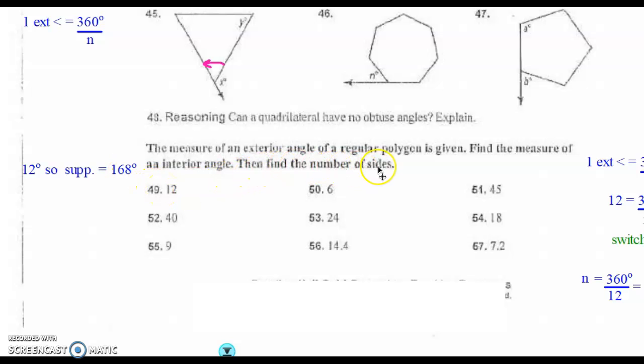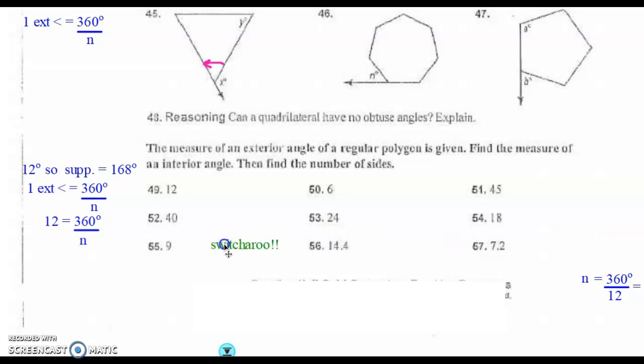Continuing on, find the number of sides. Well, if I use this formula, one exterior angle is 360 over n. I don't know n, but guess what they did? They gave us the 12 this time. They told us the exterior angle right there is 12. So when I play switcheroo, guess what? n's going to replace this, and 12's going to go down there.